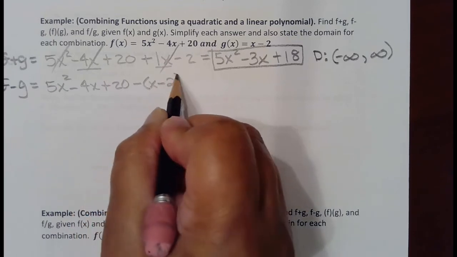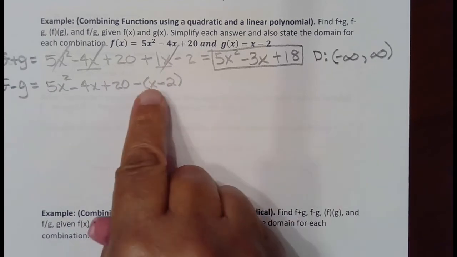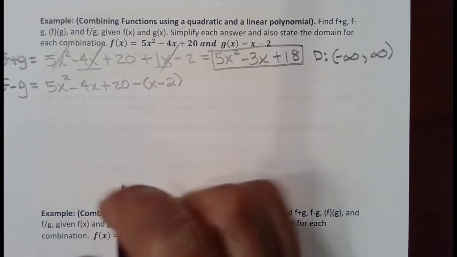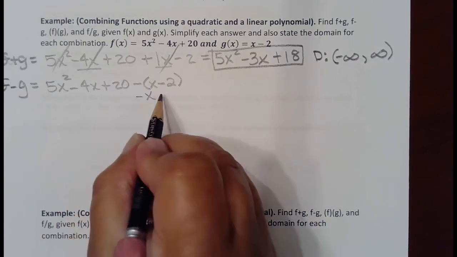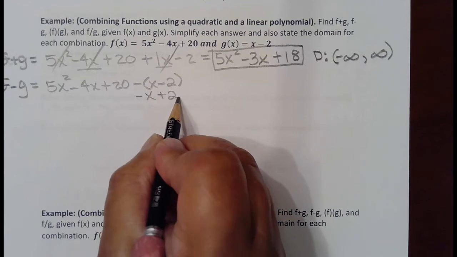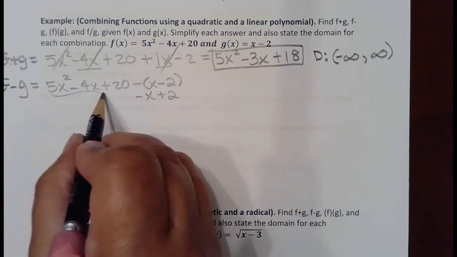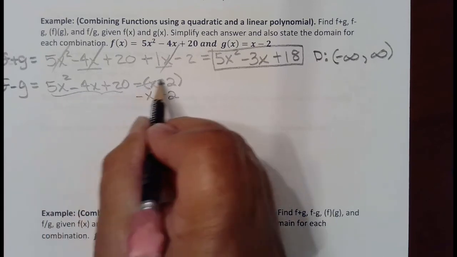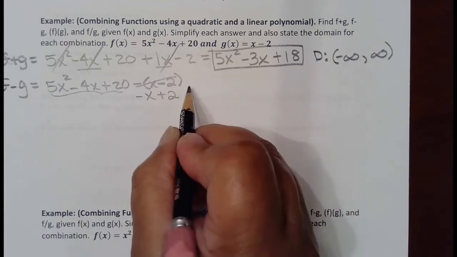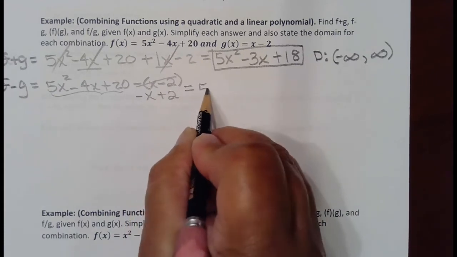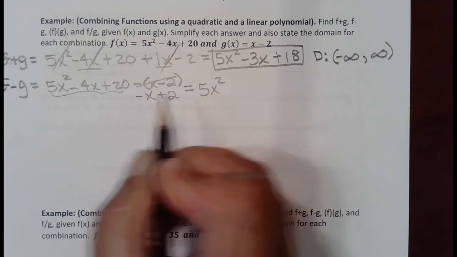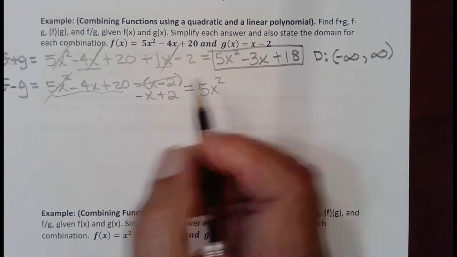Let's combine like terms. We have one squared term. Then as far as the x's, we have a negative 4x from the f function and a negative 1x from the g function. When combined, that's negative 5x. So those are the x terms. And then for the constants, we have the 20 from the f function and the positive 2 from the g function.